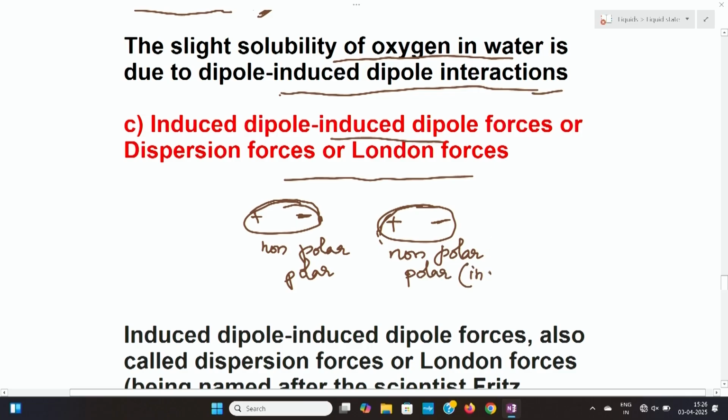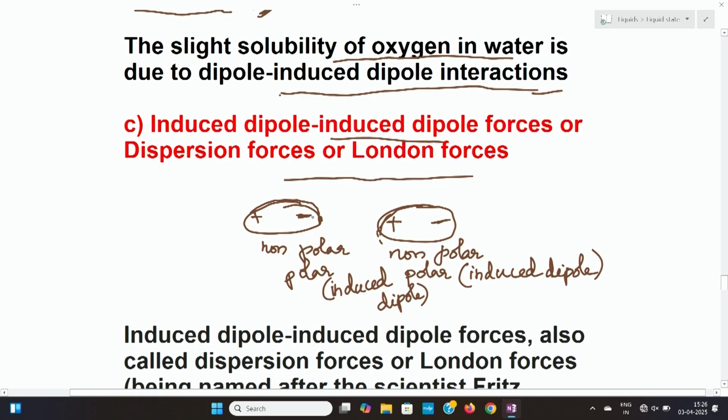This nonpolar molecule also becomes an induced dipole molecule. Now both the nonpolar molecules are induced dipole molecules, or polar molecules.